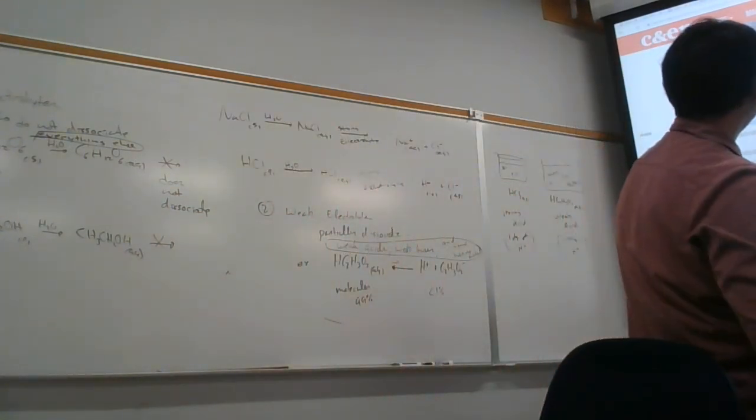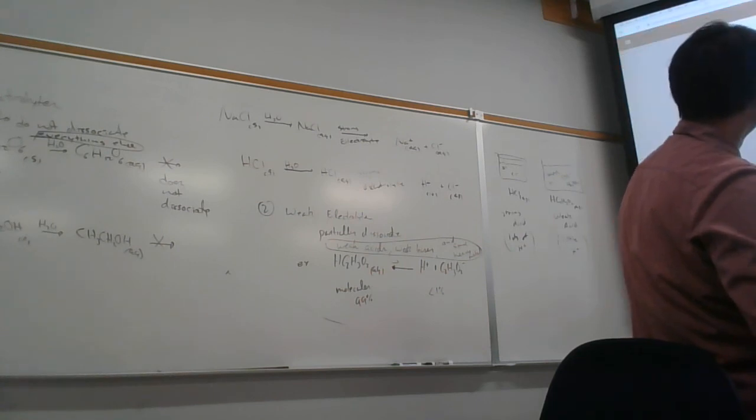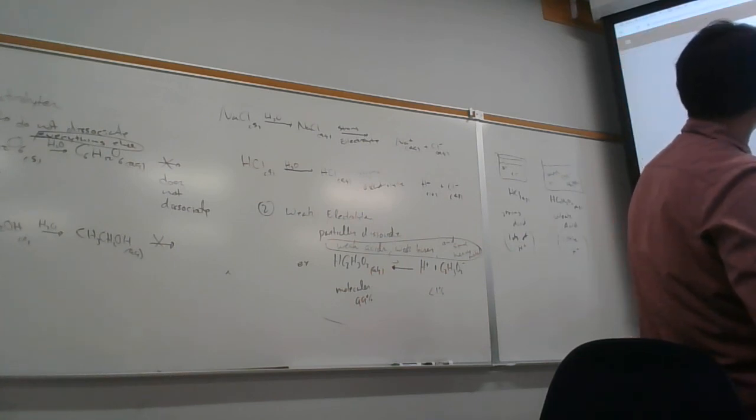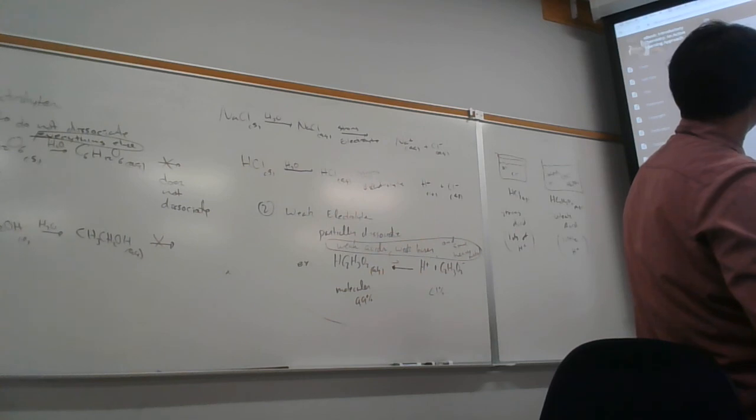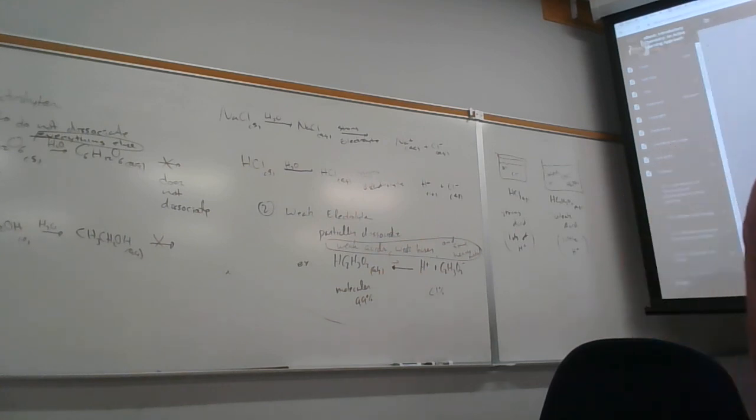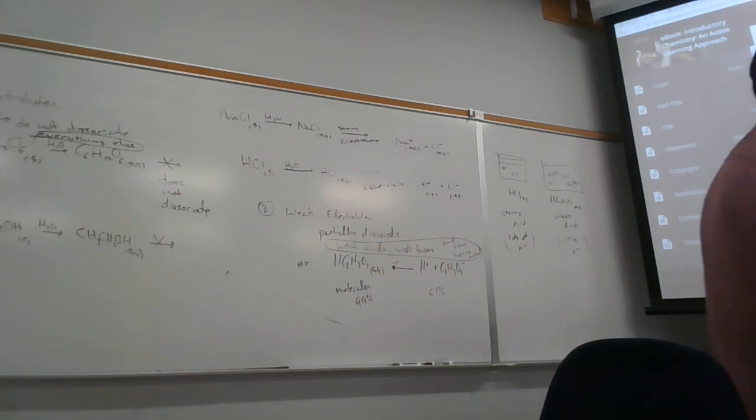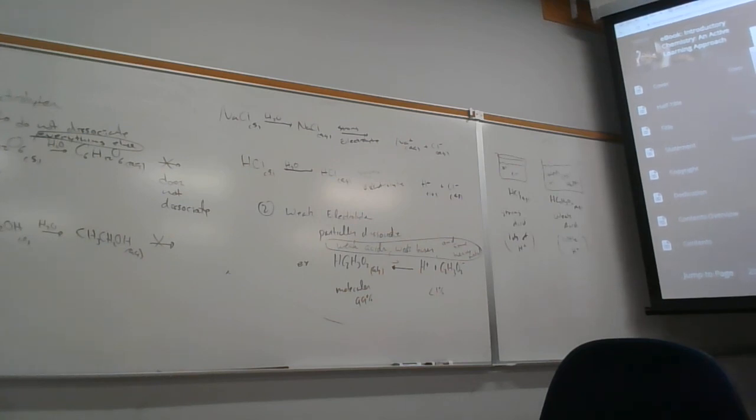Let's take a look at some examples here. This is ethanol. Ethanol is a non-electrolyte, so it doesn't dissociate. So here's an ethanol molecule in water, and all the ethanol molecules are intact and not broken apart.